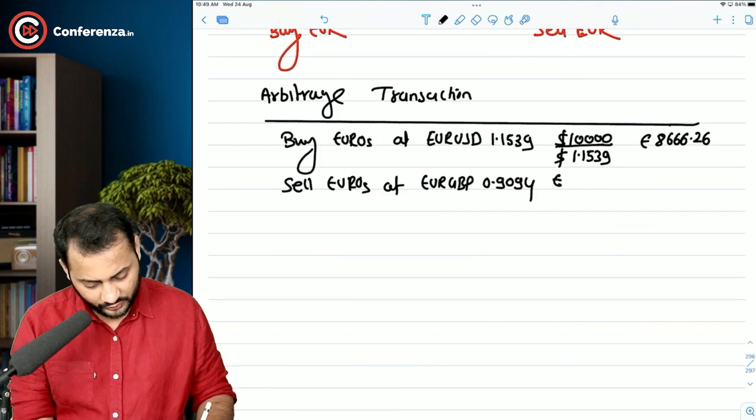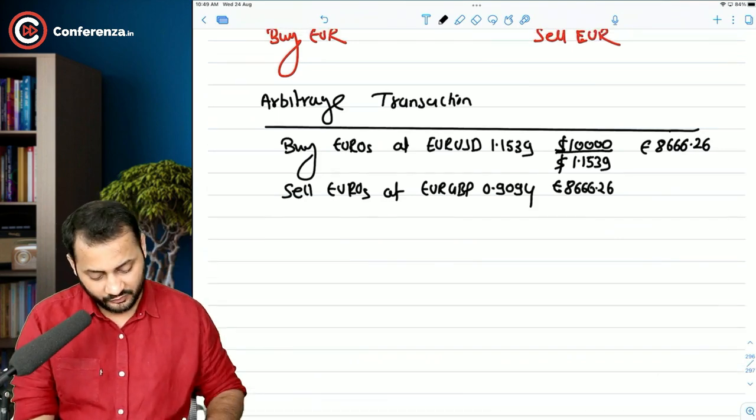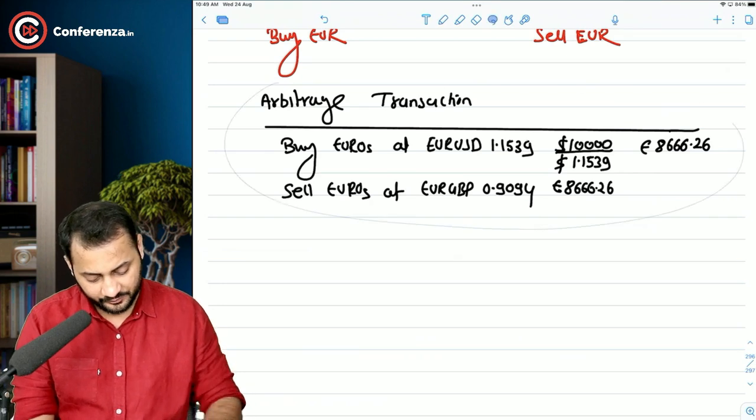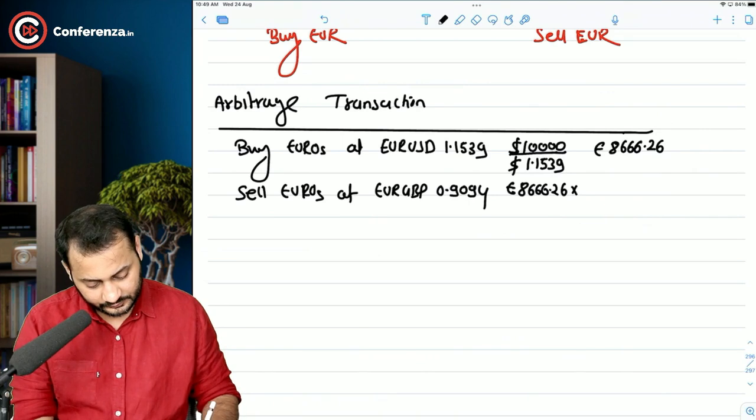See, you have euros 8666.26 and the rate is 0.9094 in terms of GBP. We are going to multiply it this time because both the currencies are different.